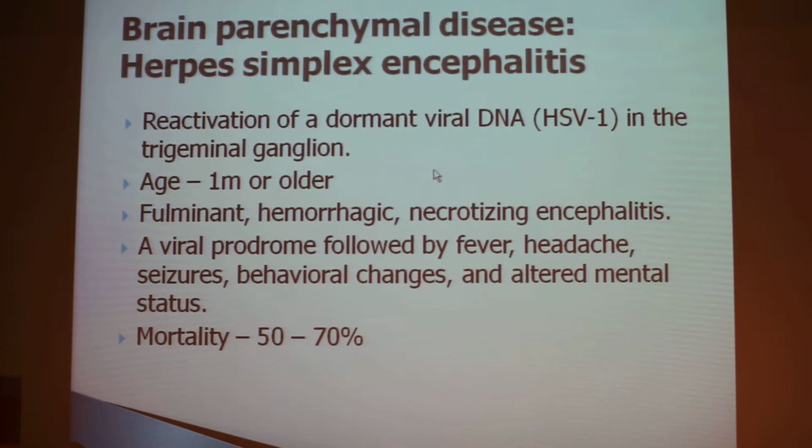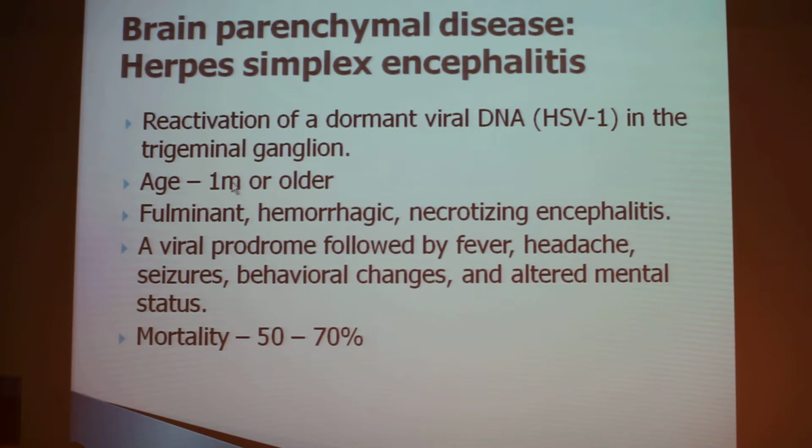Let's move on to the encephalitis, which is, we move from the pyogenic infection towards the viruses. And the most common sporadic encephalitis is herpes simplex encephalitis, which is caused from reactivation of the dormant viral DNA, HSV1, usually in the trigeminal ganglion.